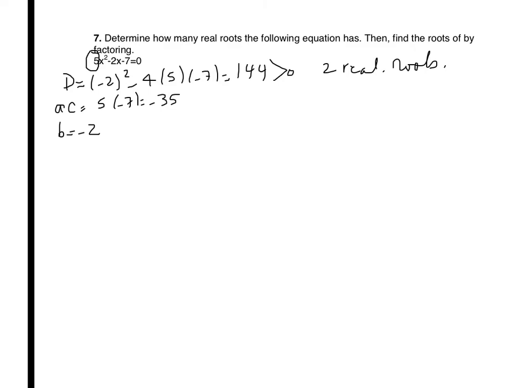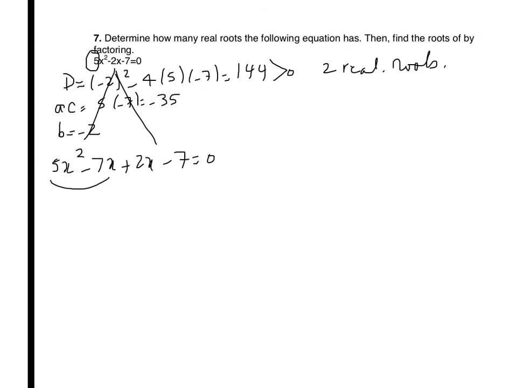Now the question is, what are those two numbers that add up to -2 and multiply to -35? -7 and 5, because -7 times 5 is -35, and -7 plus 5 is -2. So I can decompose the middle term into -7x plus 5x. So I'm going to write 5x squared, -7x, plus 5x, -7 is equal to 0.